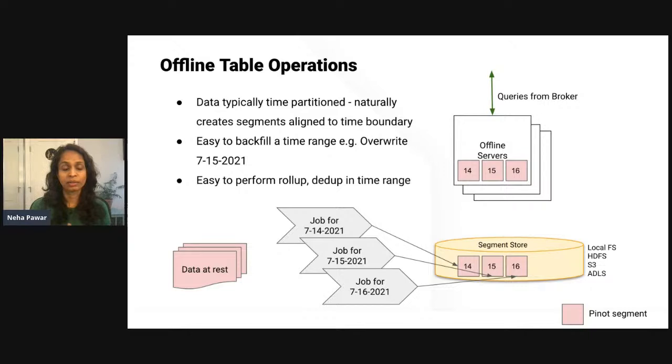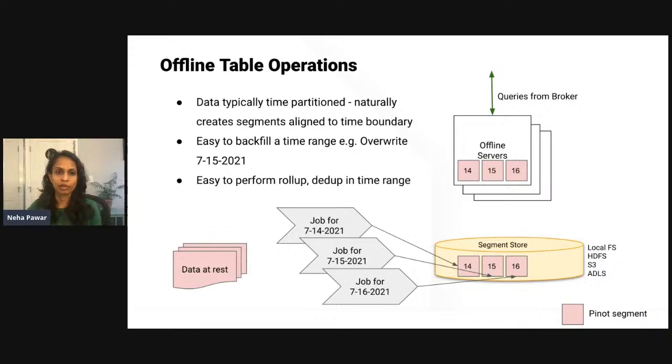And because we use these ingestion jobs and process the data one time window at a time, this naturally helps us create Pinot segments that are aligned to the natural time boundary. So why is this advantageous? Because there are certain operations that rely on these segments being aligned to the time boundary.